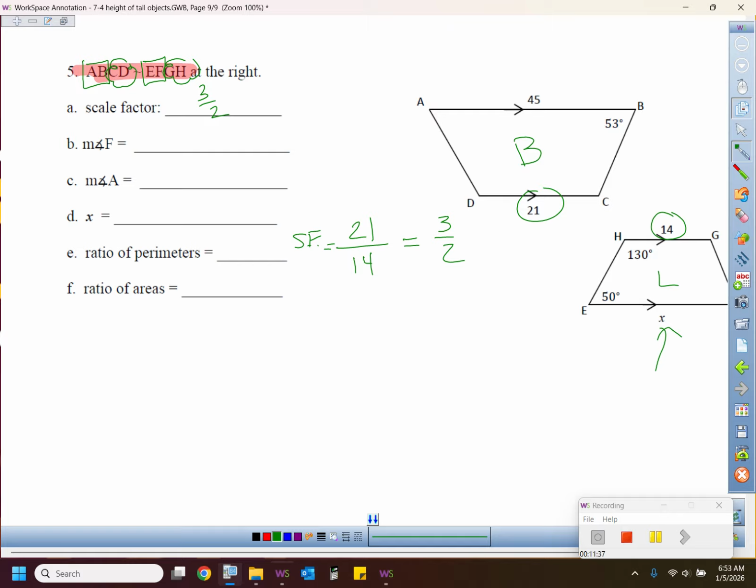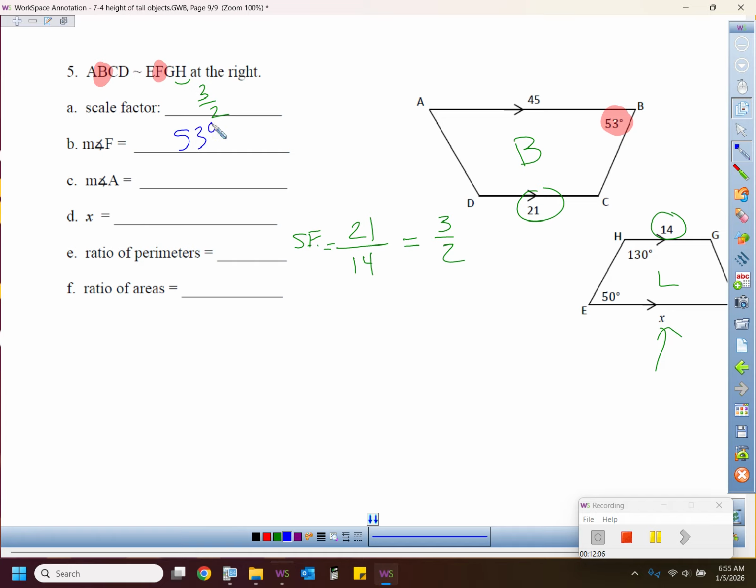Measure of angle F. You could go crazy with this all day, but I'm going to let the similarity statements tell me who goes with who. So they want F. He's going to correspond with B in this case, so I know the measure of angle B is 53. And don't forget that corresponding angles in similar figures are congruent to each other, so I don't need any scale factor.